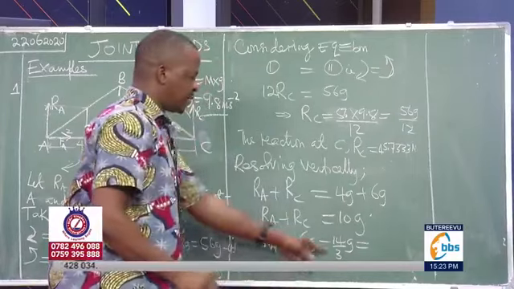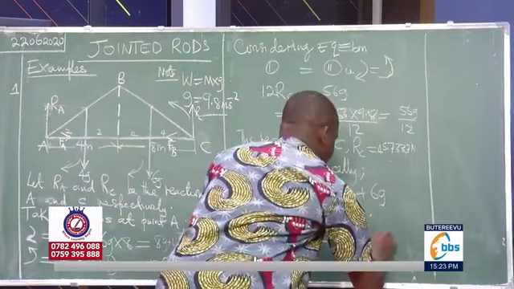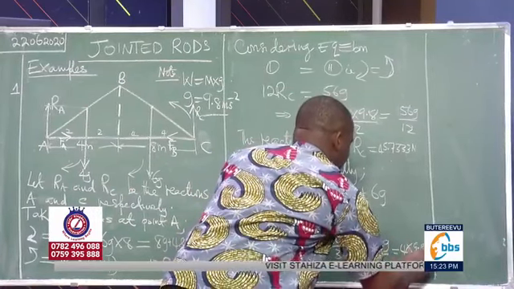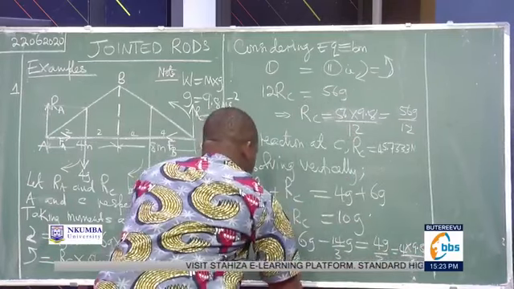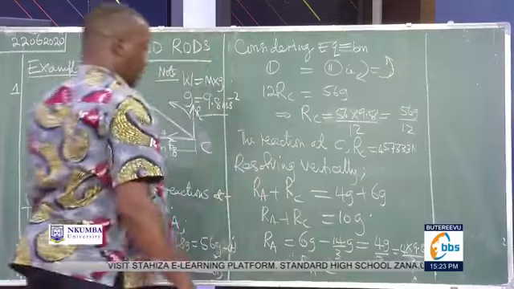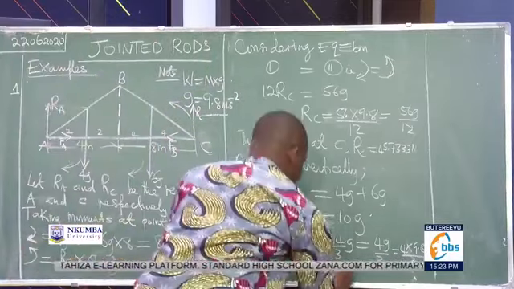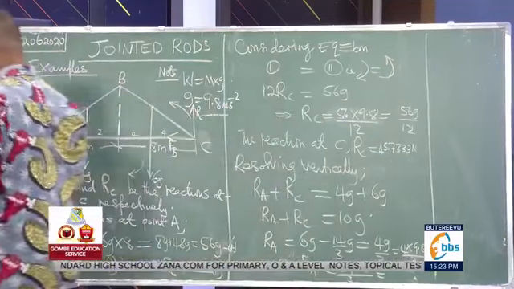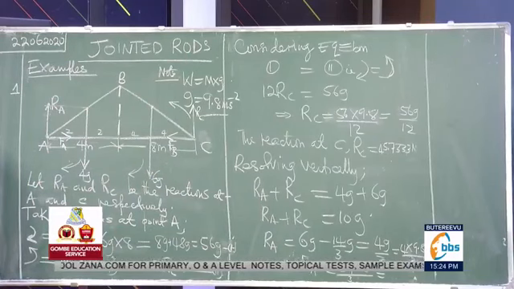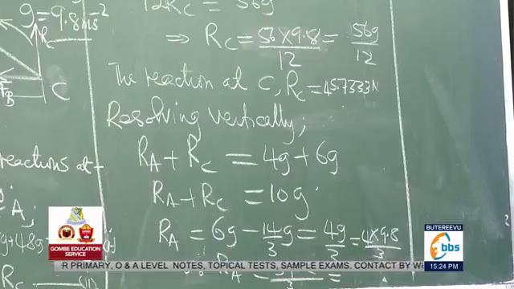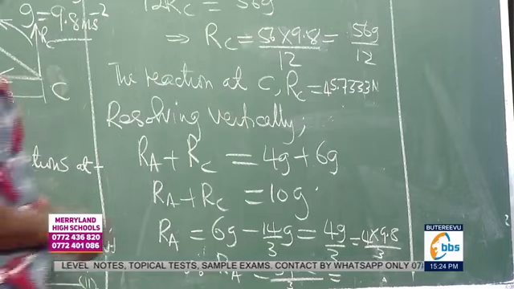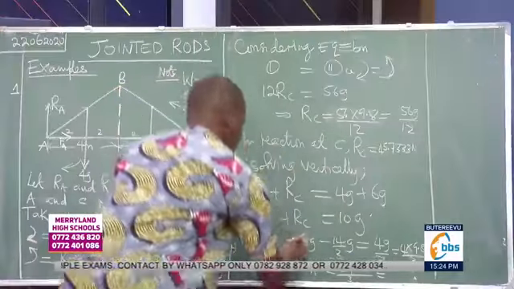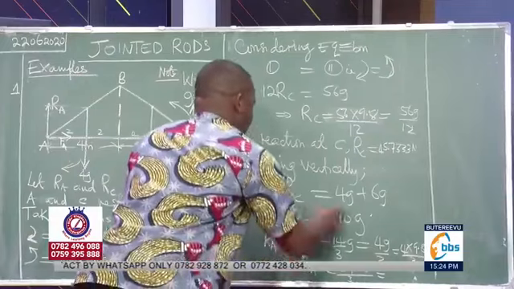No, this is 10, sorry. RA becomes 10 minus this.